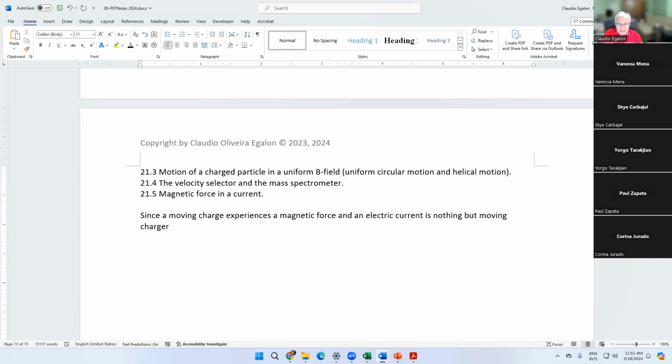Remember that? Then we conclude that a current-carrying wire will also experience a magnetic force. Make sense, right?